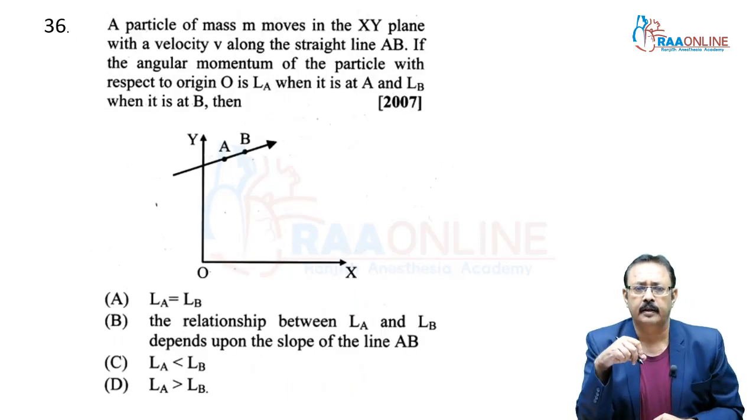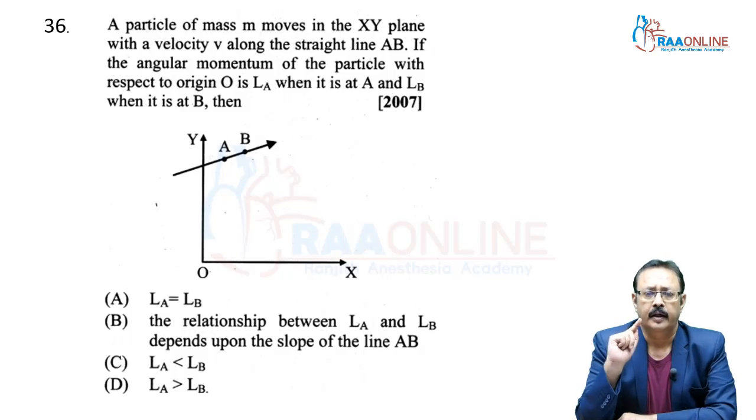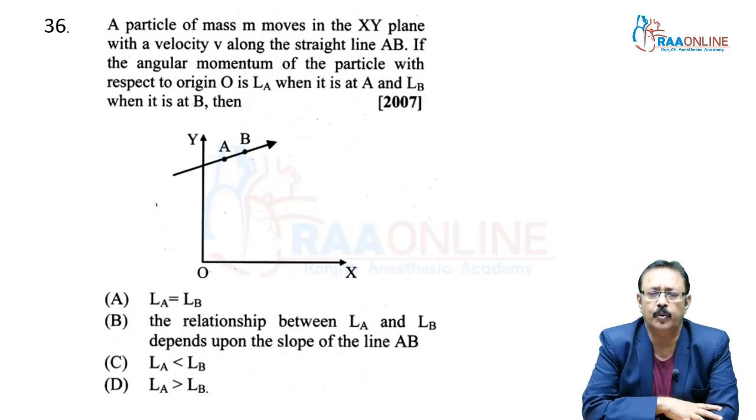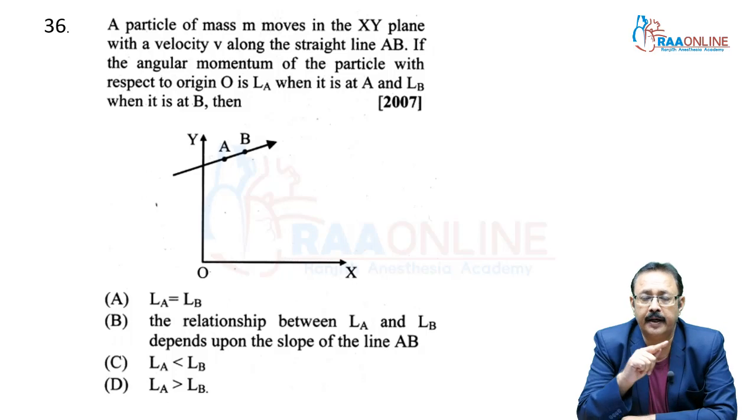36th. A particle of mass m moves in the xy plane with a velocity v along the straight line AB. If the angular momentum of the particle with respect to origin O is LA when it is at A and LB when it is at B, then since the particle is moving in a straight line, again, previously we solved this type of problem.